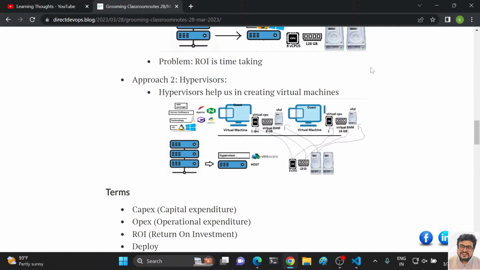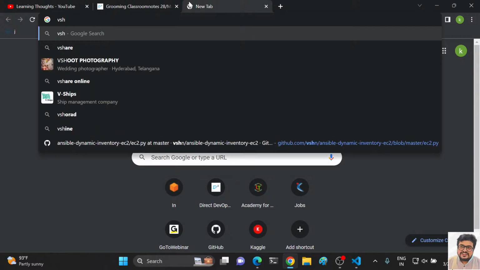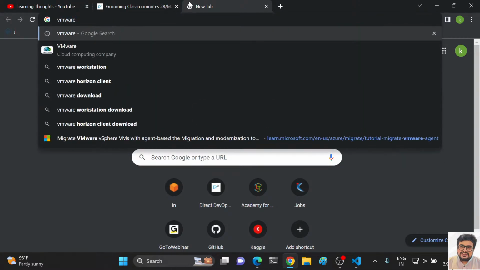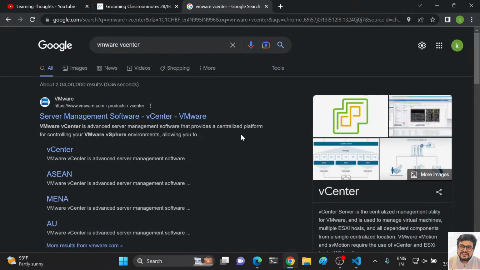To control that, they use one more software called vCenter, not vSphere. Sorry. What vCenter does is it connects to different ESXi servers.